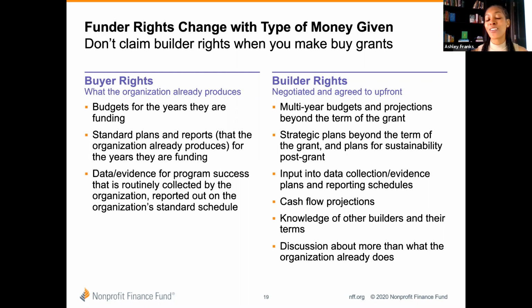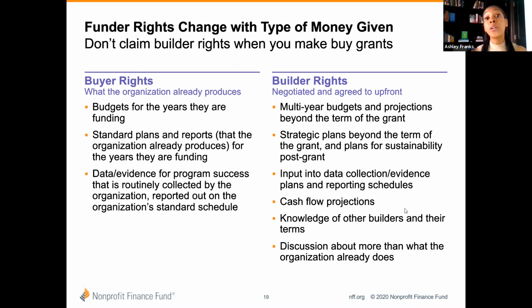We don't want to see a funder ask a nonprofit for new reports that may require additional technology and staff time that the funder is not paying for, right? The funder should only be asking for data and evidence for program success that the organization is already collecting. They are a buyer of this organization's ongoing services.